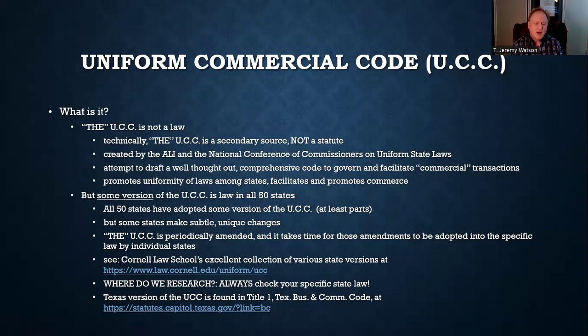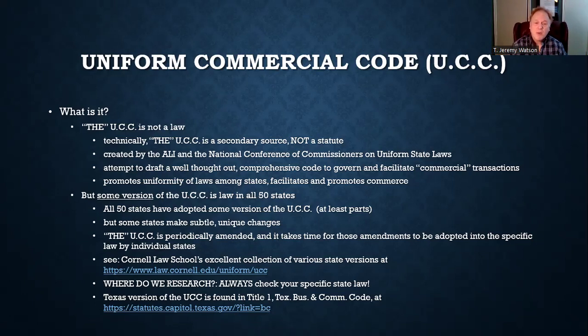Okay, so if you've been practicing in Texas and you've been working here 10 years and you've gotten very familiar with the Texas specific version of the UCC, but now you have a case that involves Ohio law and you need to know how or if Ohio's version of the UCC differs in any way from the main UCC, then that Cornell Law School website is an excellent resource.